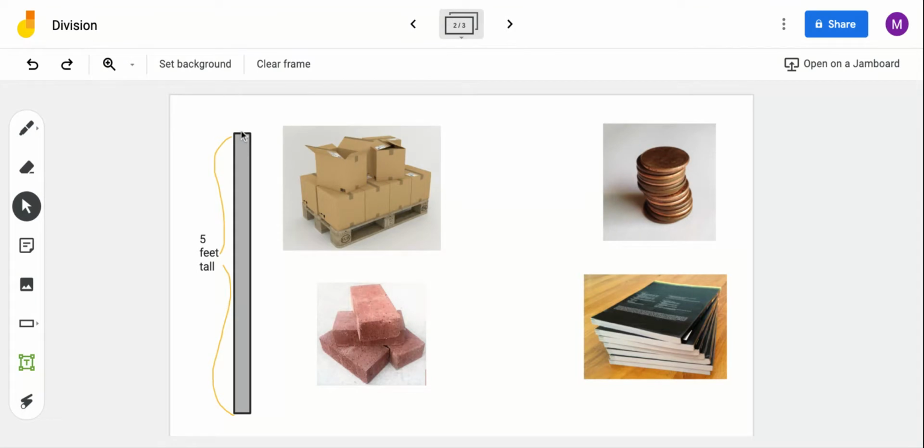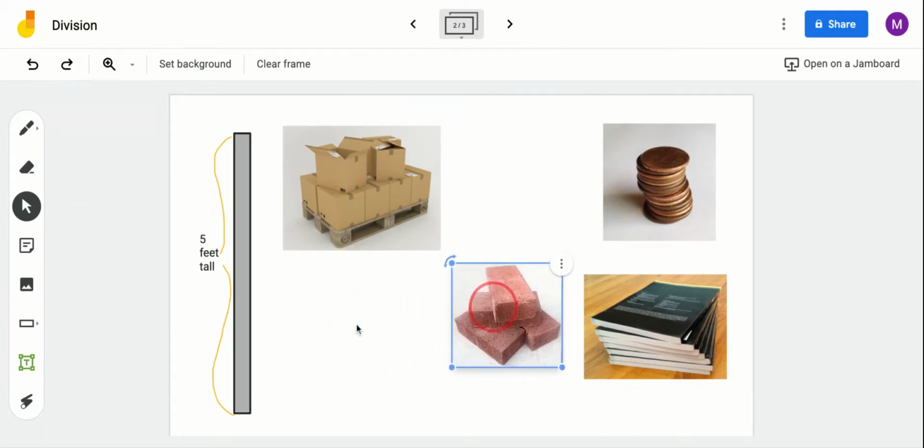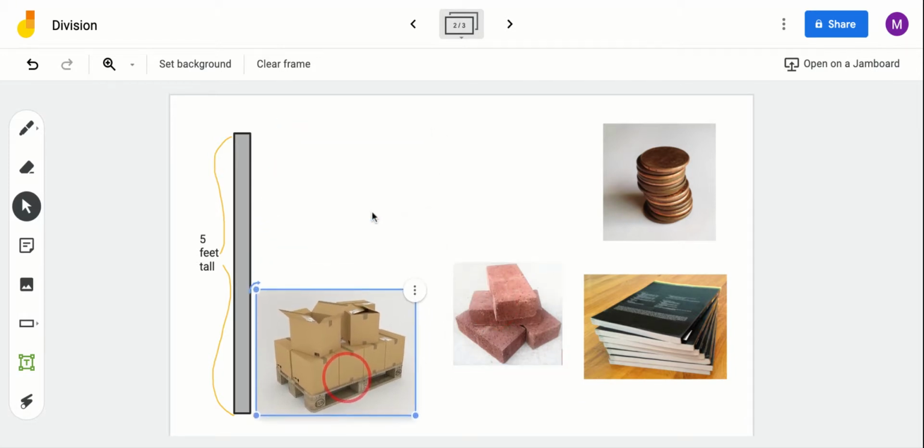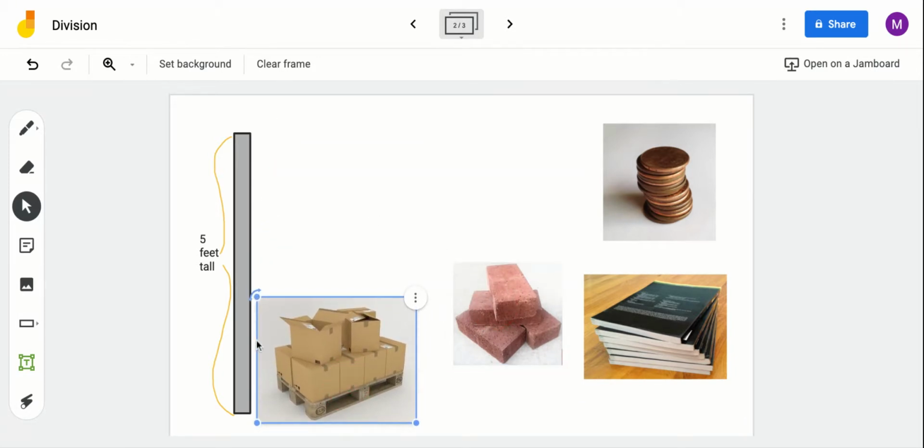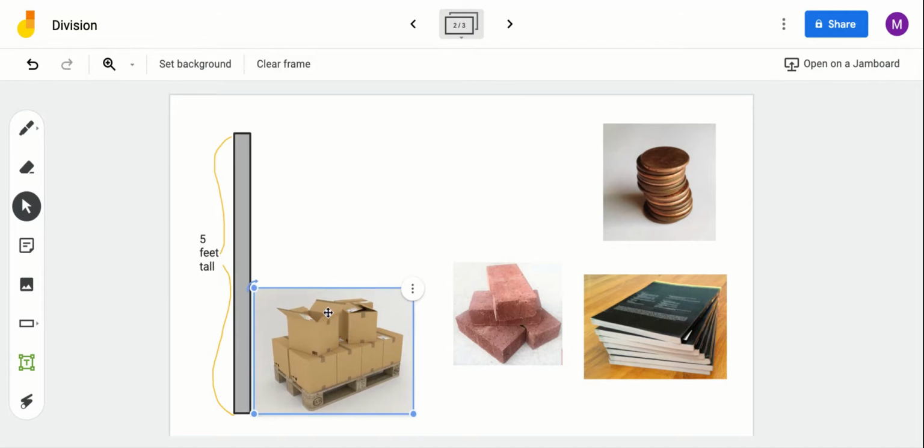And so here we have a 5-foot tall wall. And so we can start to think about when we break something up, if we break it into larger pieces, so if we break it into pieces that are about the height of a cardboard box, we're not going to get very many pieces.